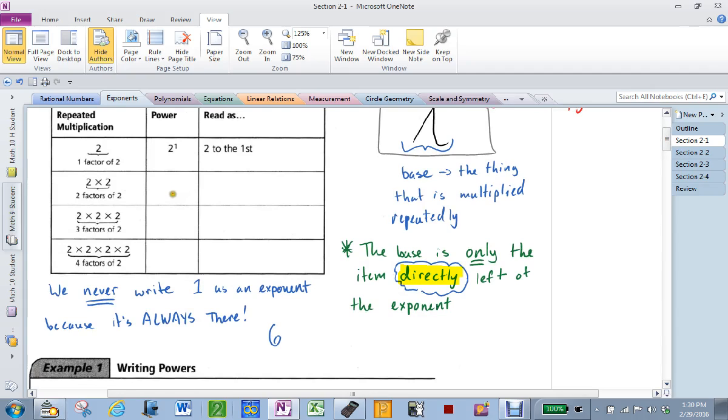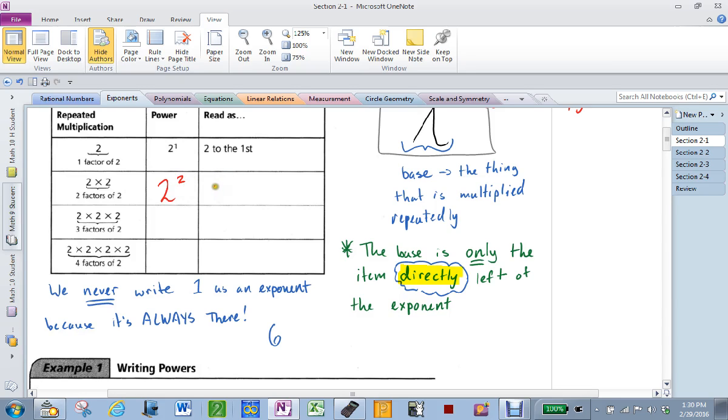Okay, here we go. So this one, what is the thing that's being repeated? 2. So what's the base? 2. So how do we write that? A big 2. How many times is it being repeated? Twice. So we write a little exponent of 2.